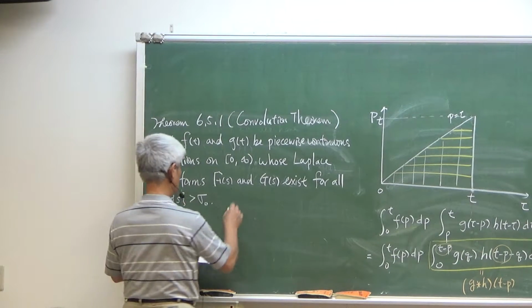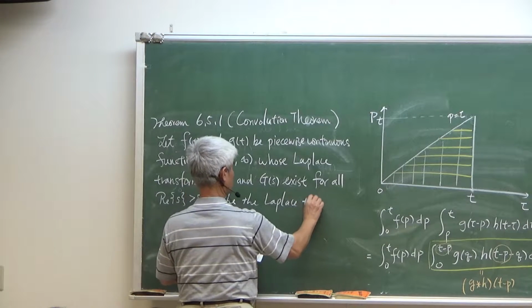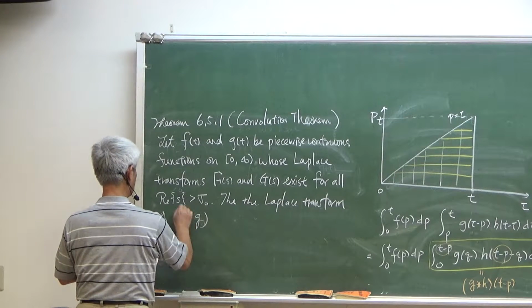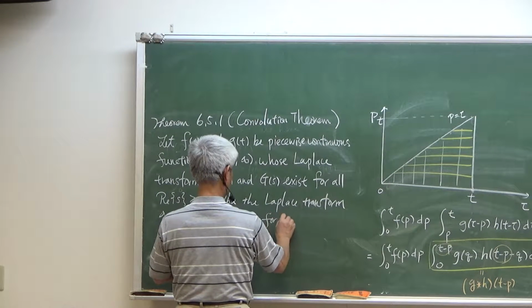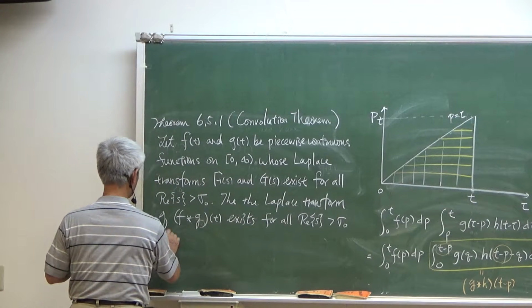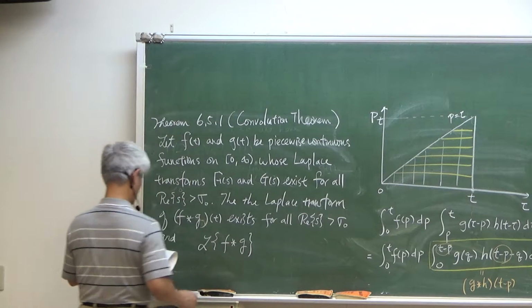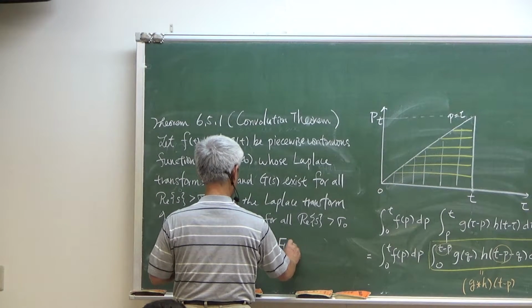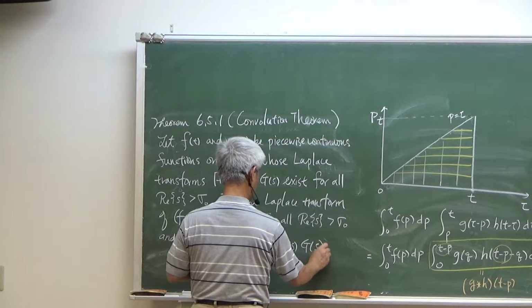In this case, the Laplace transform of the convolution exists for all real part of s greater than sigma 0, and the Laplace transform of f convolved with g is the product of the Laplace transform of f and the Laplace transform of g.